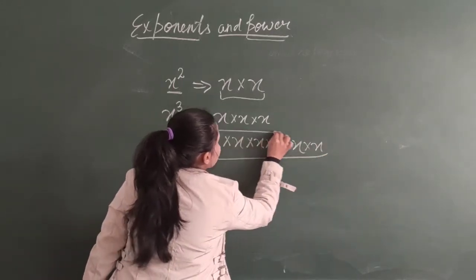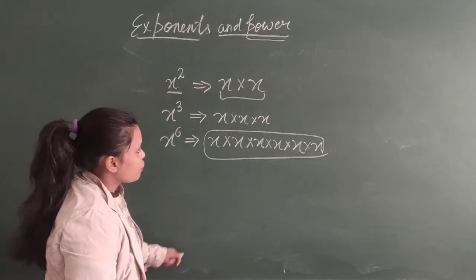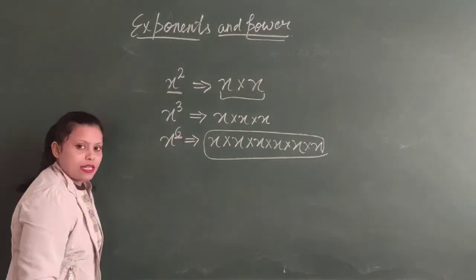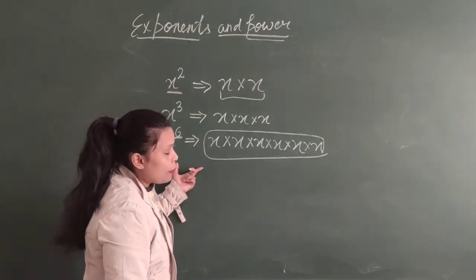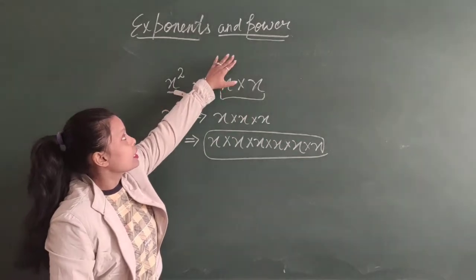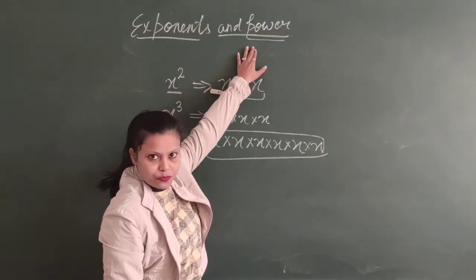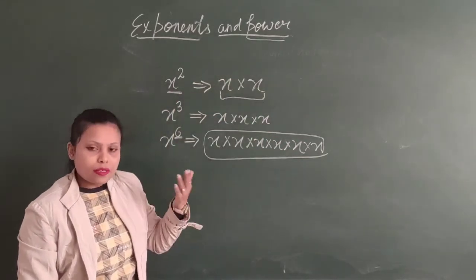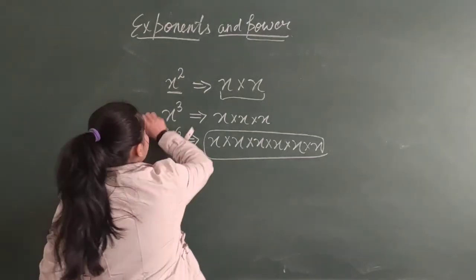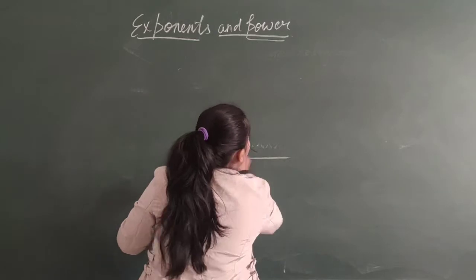That means x will get multiplied 6 times because the power is 6. So in this chapter we will study how to deal with the powers if they are larger. There are some rules to deal with powers. Let's study them one by one.